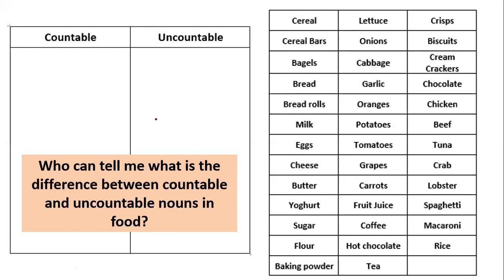It was the countable and uncountable nouns, and we had the food. So I want you to tell me what is the difference between countable and uncountable nouns with food. What is the principal difference?